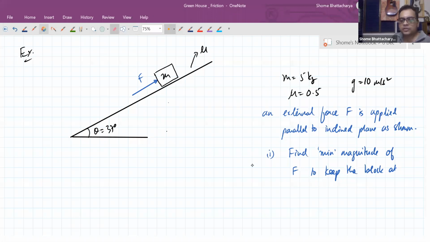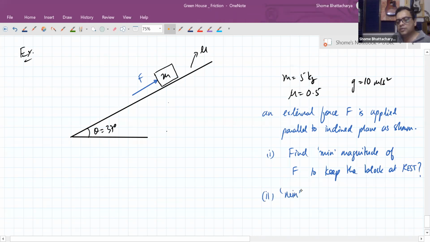That's what we're trying to find out here. And second part, minimum F so that the block starts slipping up the inclined plane.